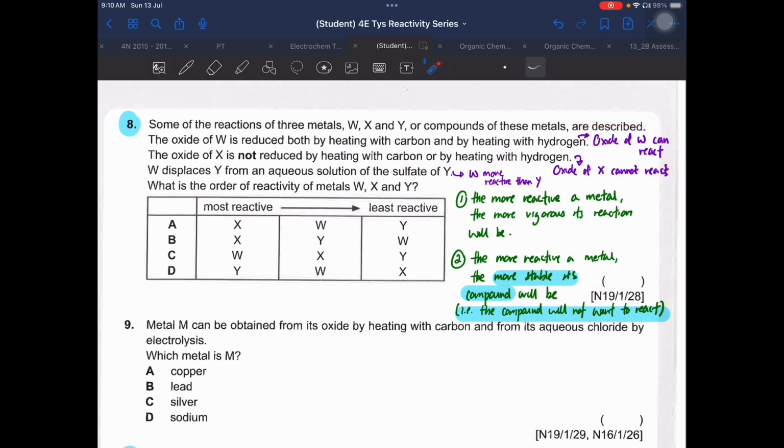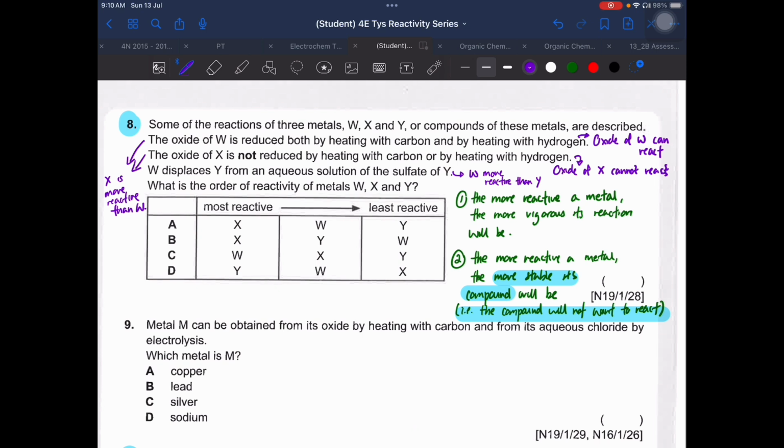So from this, as a student, what you're supposed to be able to infer is that, based on statement 1 and 2, we should be able to tell that X is more reactive than W. So let this sink in for a while, right? And if you're not too sure what we are talking about over here, pause the video or play back the video and take a look at it again to see if you understand the concept that is being described over here.